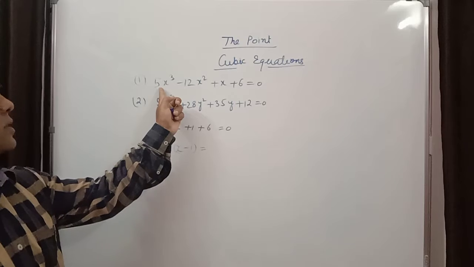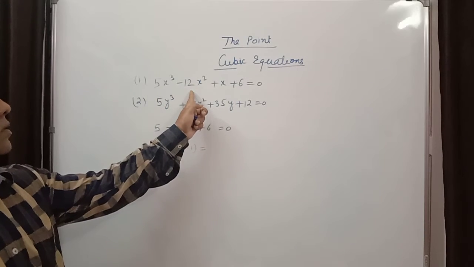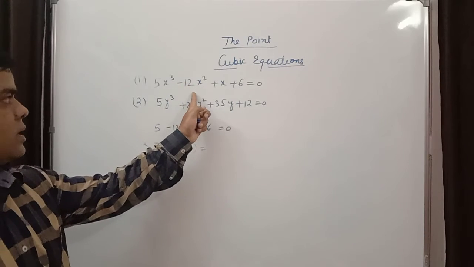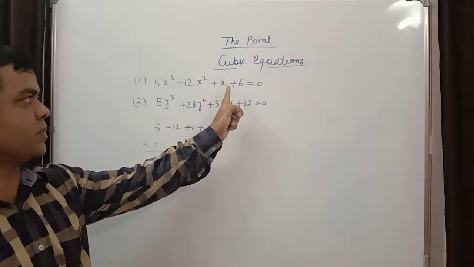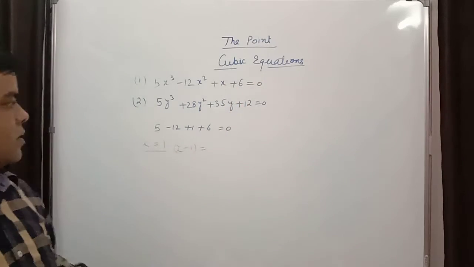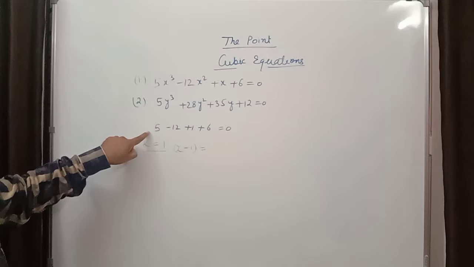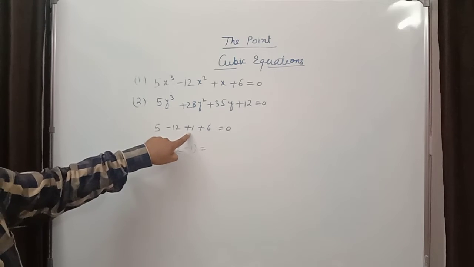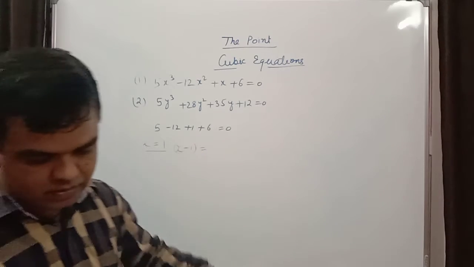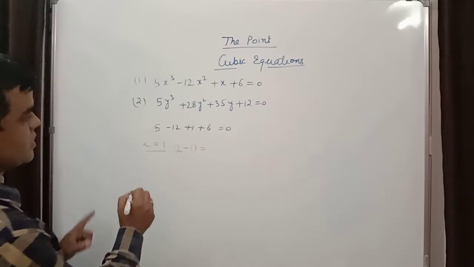Okay, 5x cube minus 12x square plus x plus 6 is equal to 0. Okay, so 5 minus 12 plus 1 plus 6. Okay, so this will be the sum.